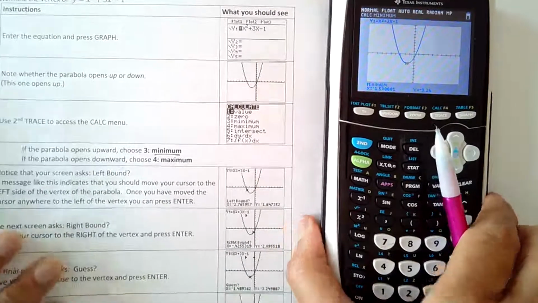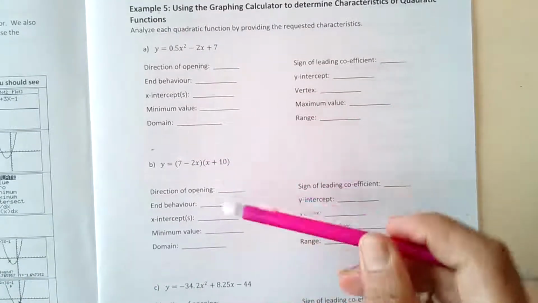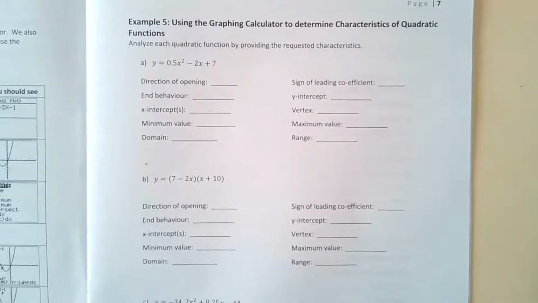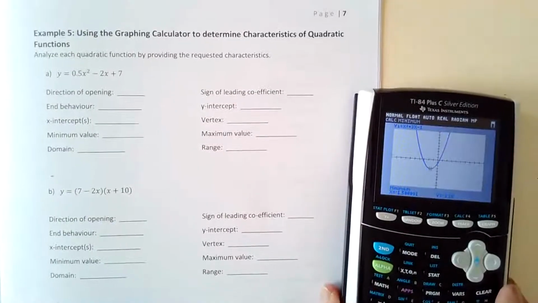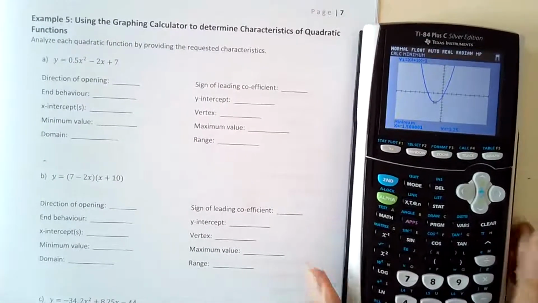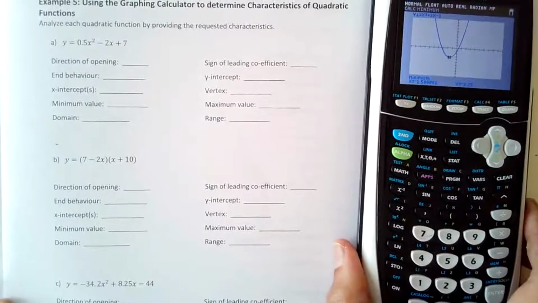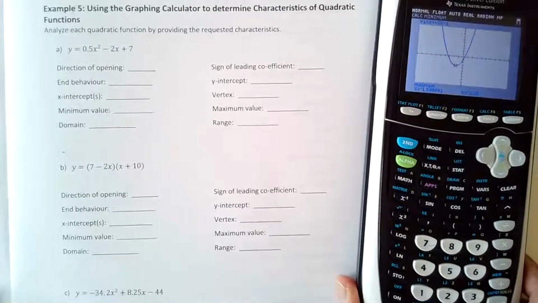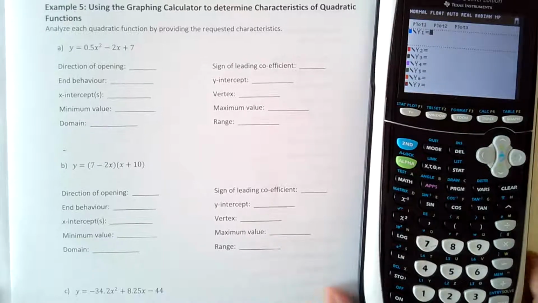So let's go on to the first. We have 1, 2, 3, 4, 5, 6 here. And then you have your assignment. So I'll go here, and I'll clear my screen.